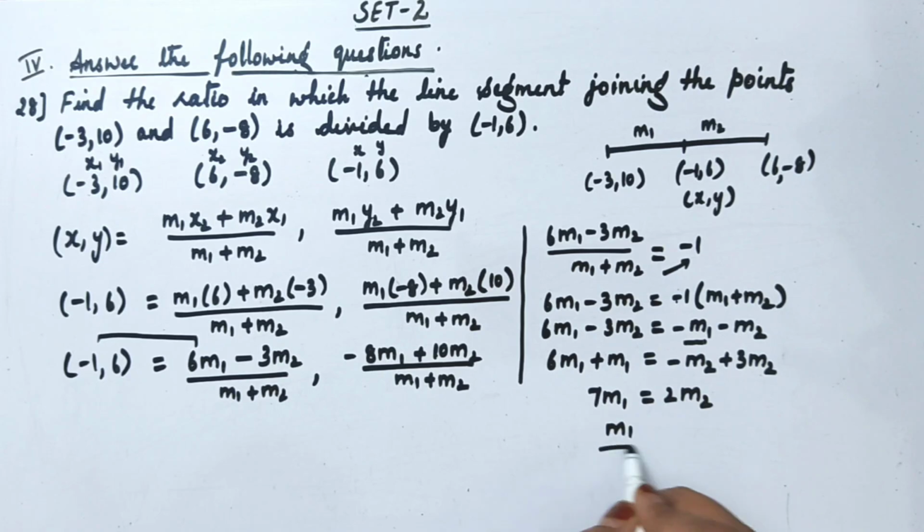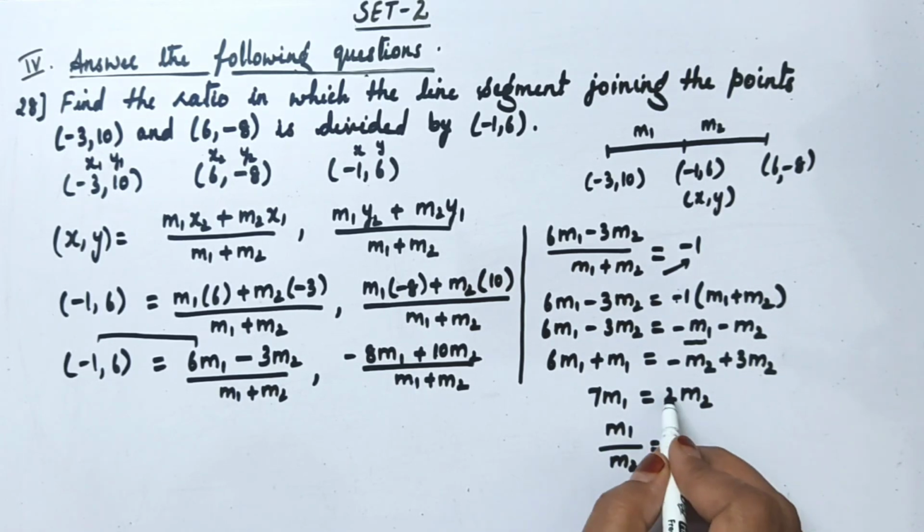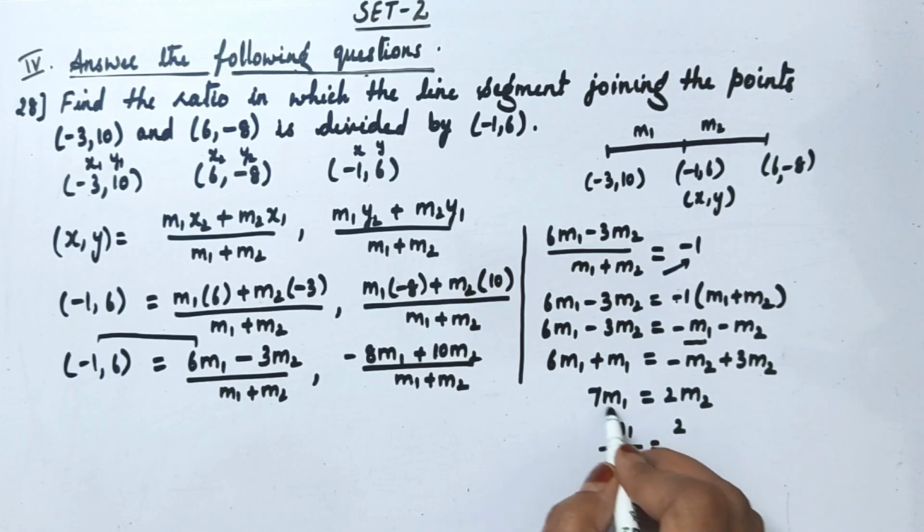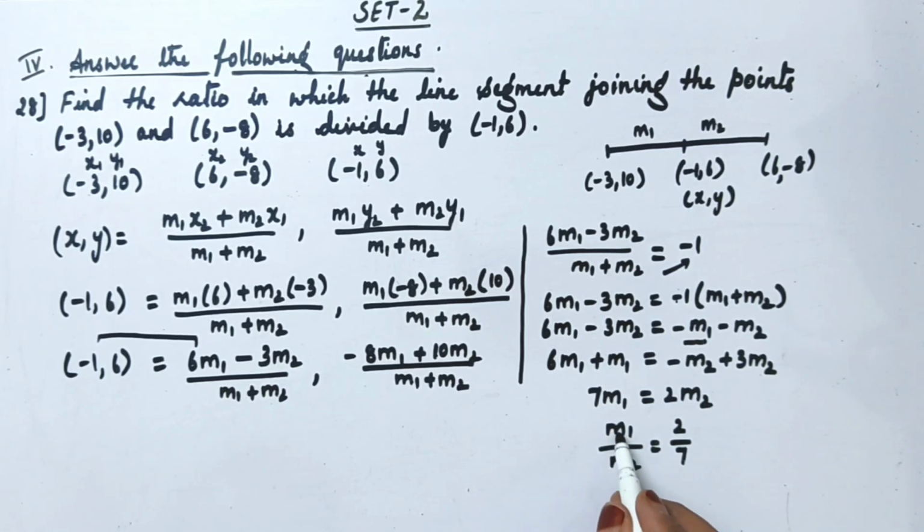So m1 upon m2, drag this m2 down, equals 2 upon 7. That means the value of m1 is 2, m2 is 7. Let me write here m1 is to m2 equals 2 is to 7, the ratio of this line segment.